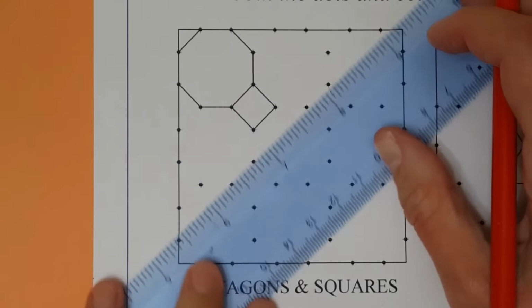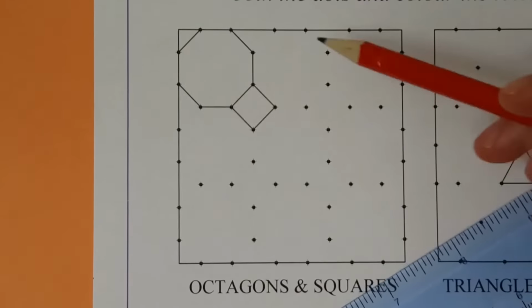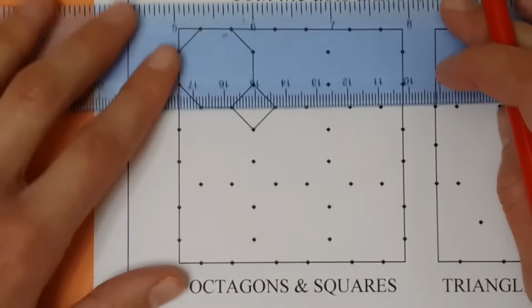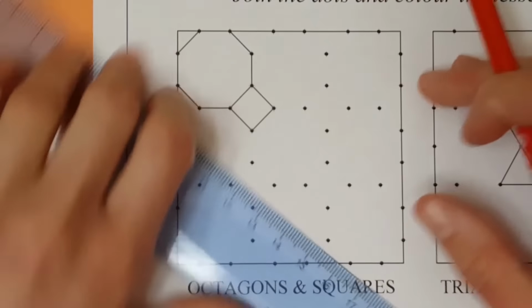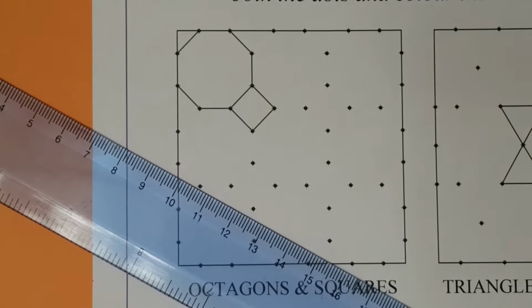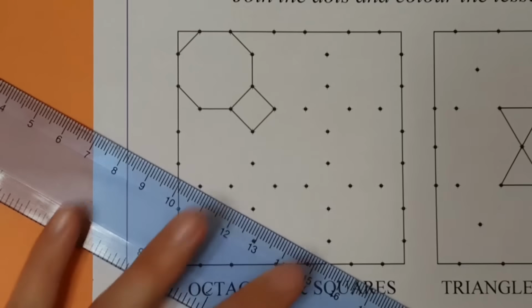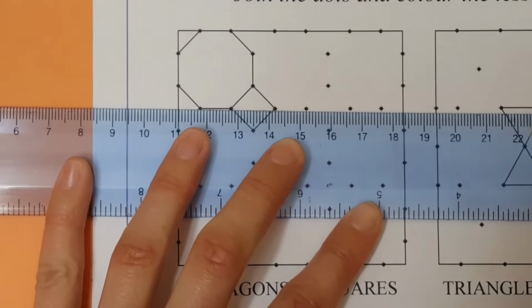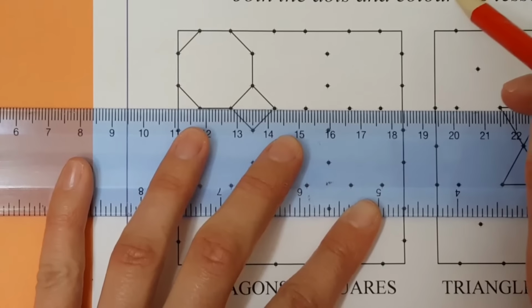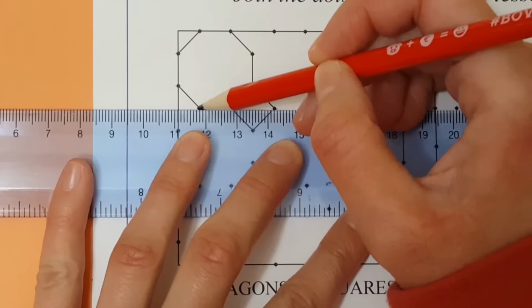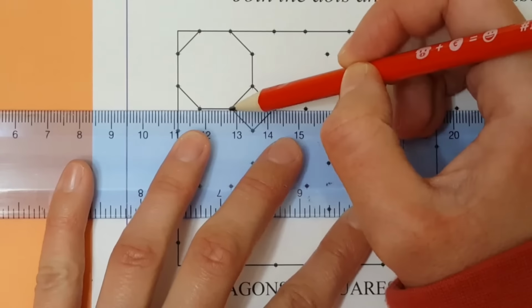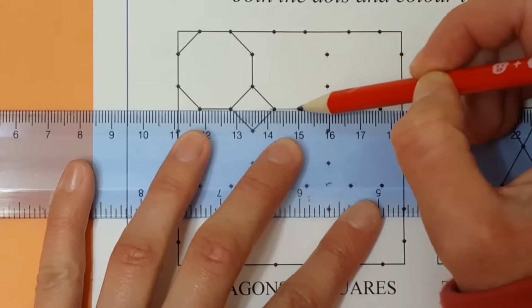So the first two shapes are finished for us. Now let's start by drawing the horizontal lines. So first align your ruler with the first line. So space for a square, line, space for a square, line, space for a square, and another line.